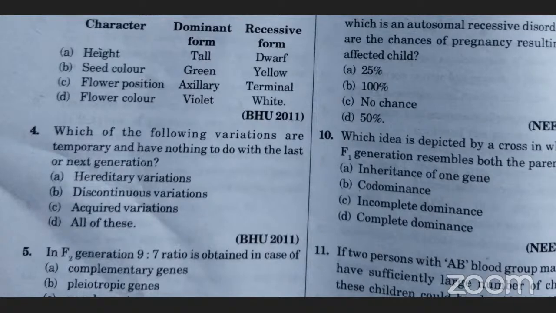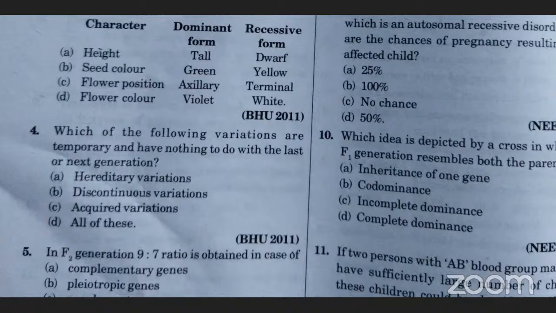Hereditary variation means it will be transmitted, inherited. Discontinuous means it is not continuous. Acute means it is received from some sources. So your answer is acute.